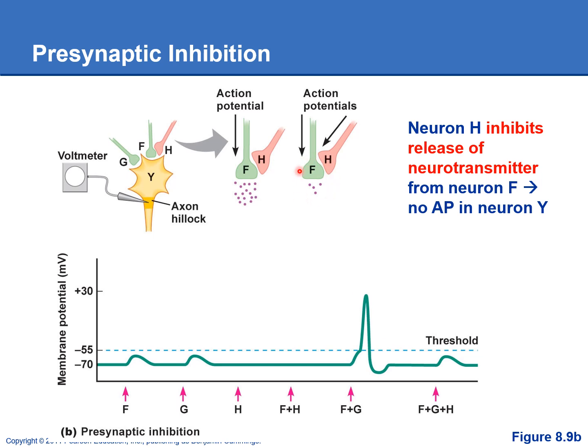You're going to decrease the amount of neurotransmitter released by F. So you can see that if you have F and H firing at the same time, you're not going to get very much neurotransmitter released by F, and so you're not going to get much going on in the postsynaptic neuron Y. Okay, and so that would be inhibitory. You're not going to reach threshold. You're not going to get an action potential.